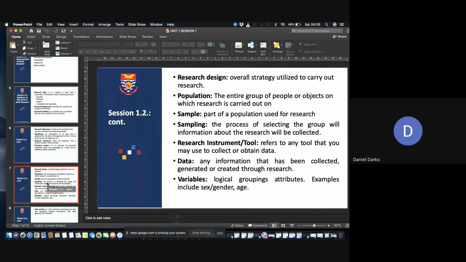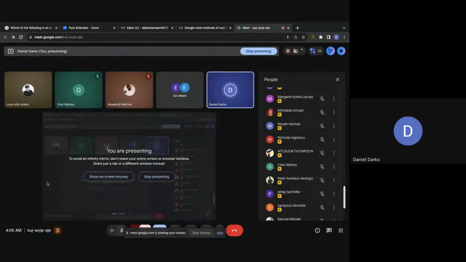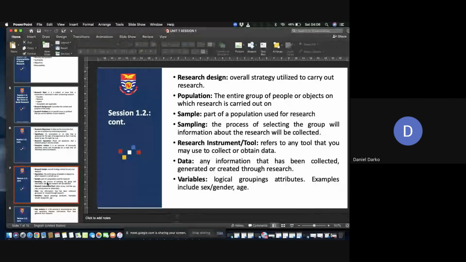So if I want to find out how you are faring now under the program, I may not talk to all the 53, 55, or 54 people on the platform. I'll select, say, 30 on the platform. I speak to the 30, then based on what the 30 of you say, I'll use it to generalize for the 54 people. So that is sample.